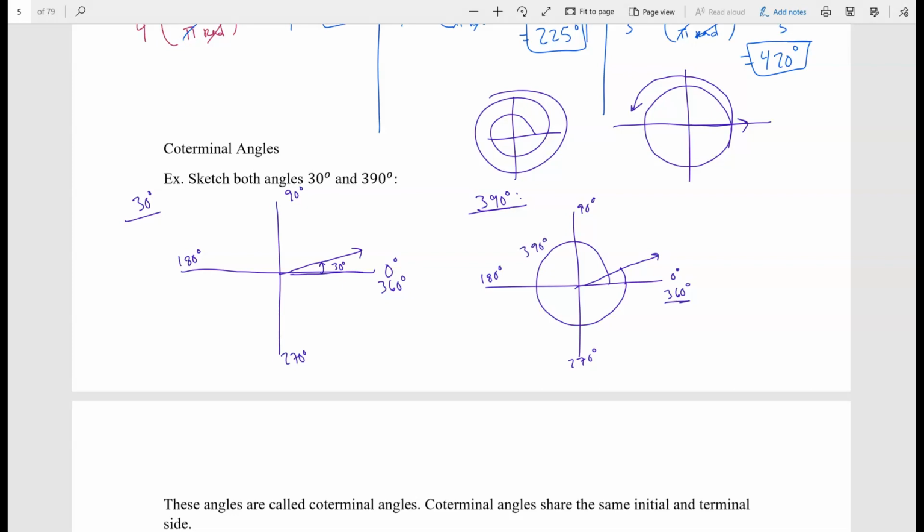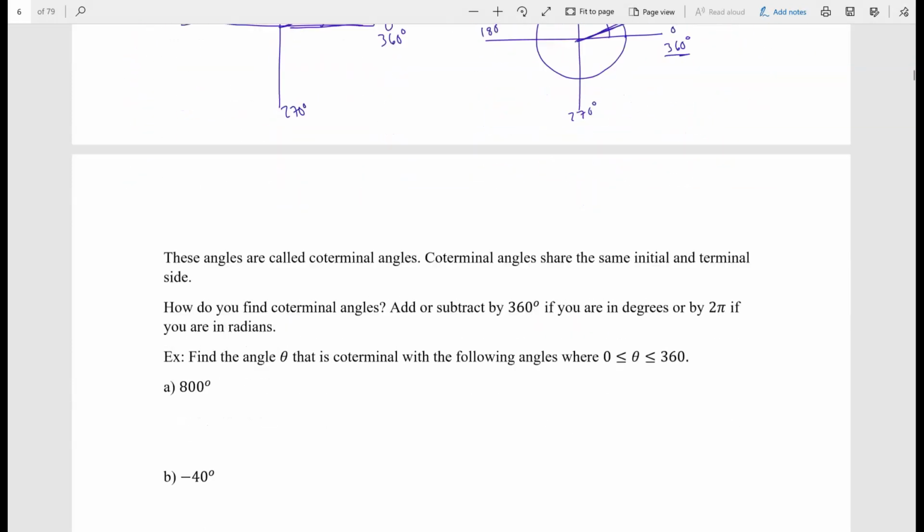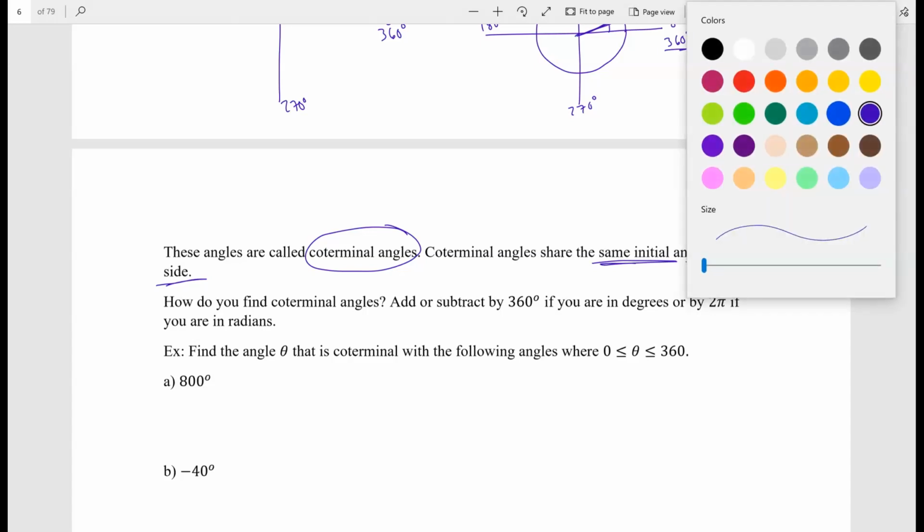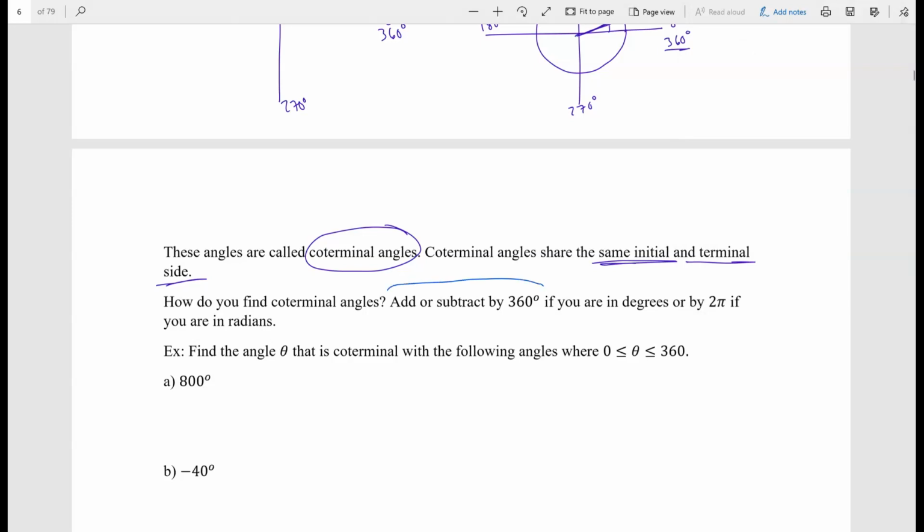Now notice what's similar about these two angles is that they end at the same spot. So 30 degrees is in the same spot as 390 degrees. These angles, we call coterminal angles. Coterminal angles share the same initial side and the same terminal side. In order to find a coterminal angle, I have to either add or subtract 360, because remember, you can still have a negative angle.